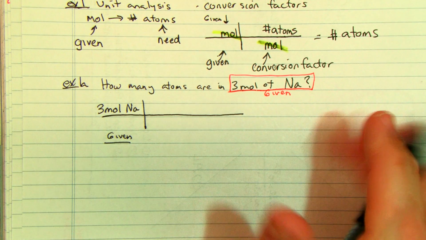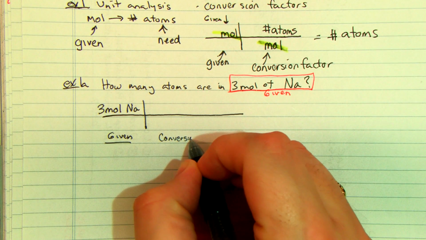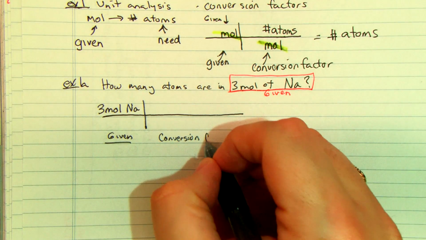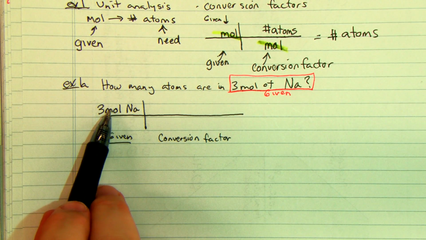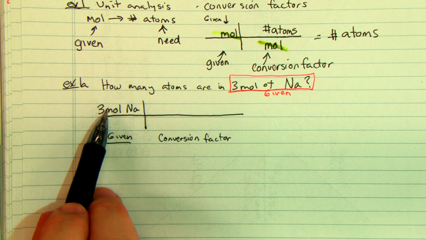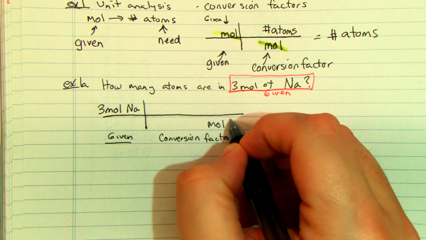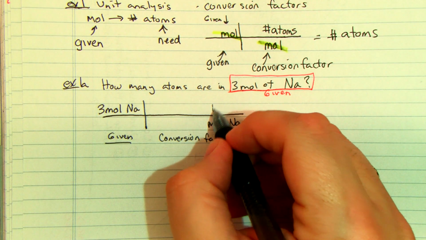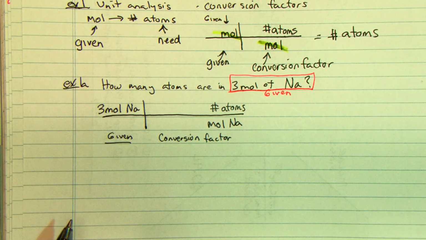Now, we need the conversion factor, which is going to go here. But first off, unit analysis says, I don't want moles in my final answer, so I'm going to get rid of moles. So I'm going to put moles of sodium down here, and then number of atoms up here. Now, what's the conversion factor?